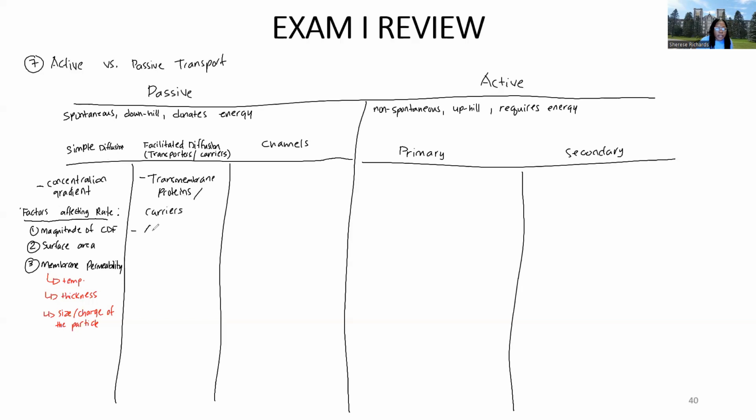And this was going to be actively involved, in that it's actually going to shapeshift and carry that particle across the membrane. The example we listed here was GLUT4, the GLUT4 transporter.